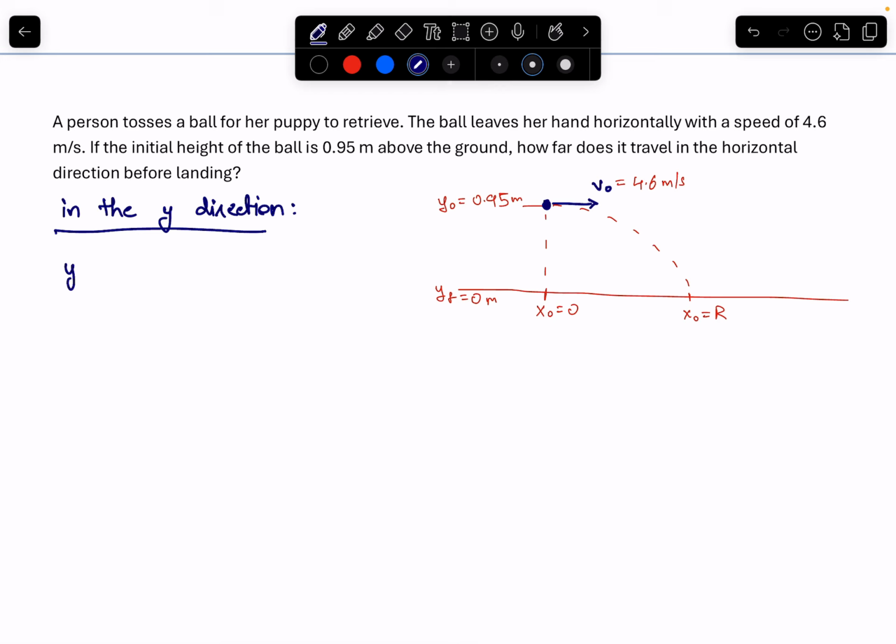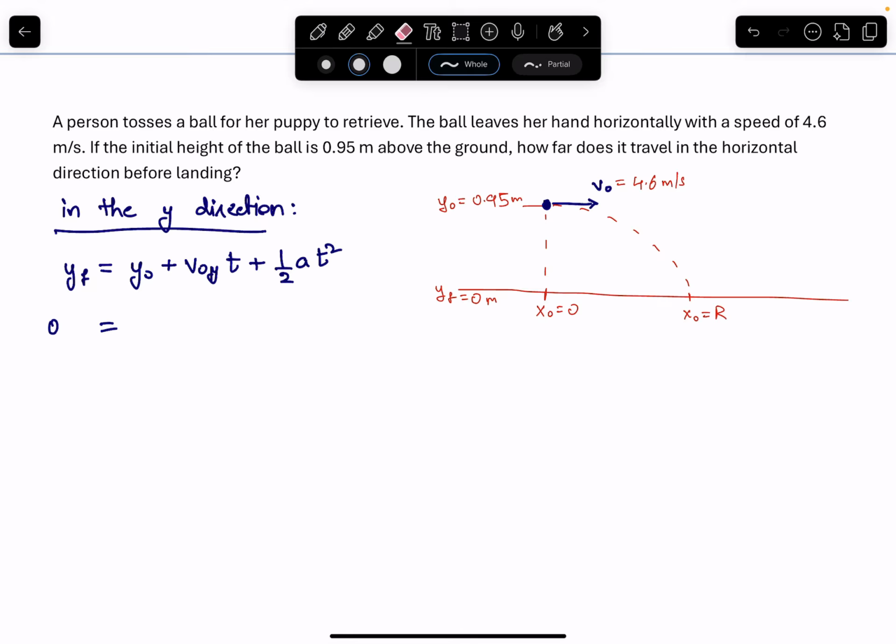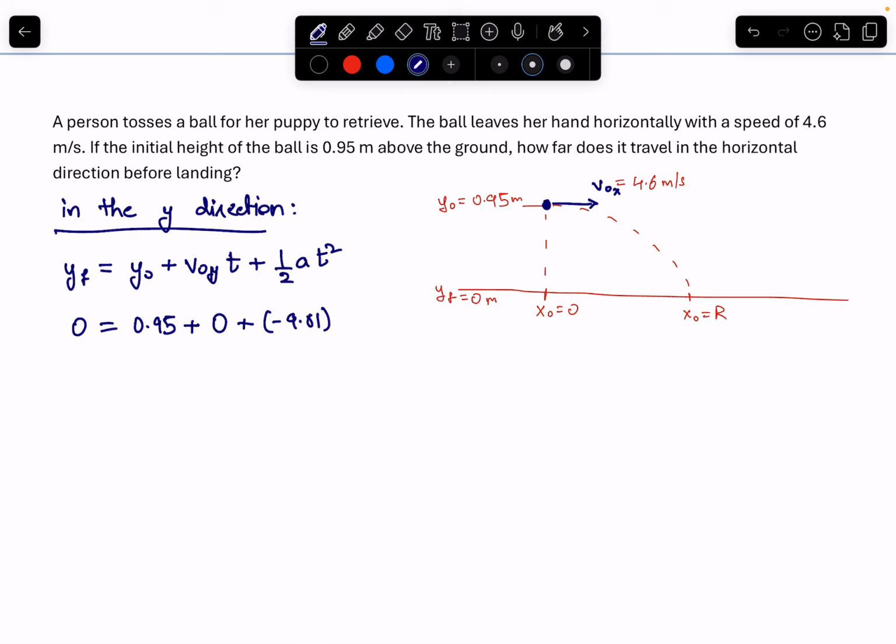I have my y final equal to my y initial plus v0y times t plus half a t squared. Now y final is 0, y initial is 0.95, and v in the y direction is 0, because this is completely in the x direction. So this is 0 plus negative 9.81 divided by 2 t squared.